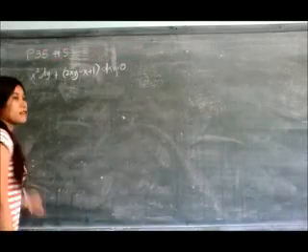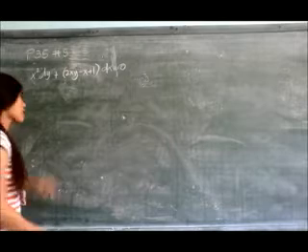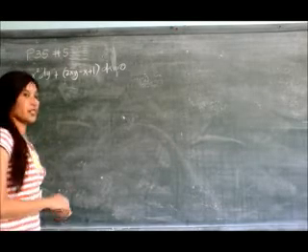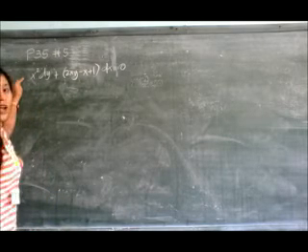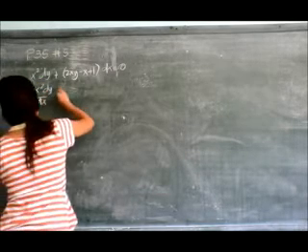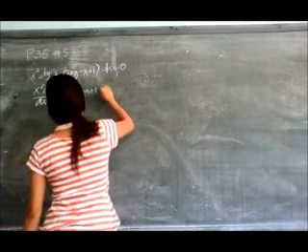So in problem number 5 of page 35, we are instructed to find the general solution of the problem x squared dy plus 2xy minus x plus 1 dx is equal to 0. So we can make this equation into a linear differential equation. So we got x squared dy over dx plus 2xy minus x plus 1 equal to 0.